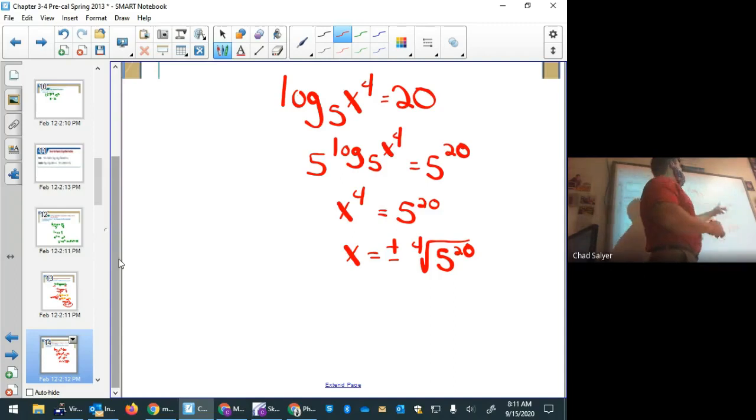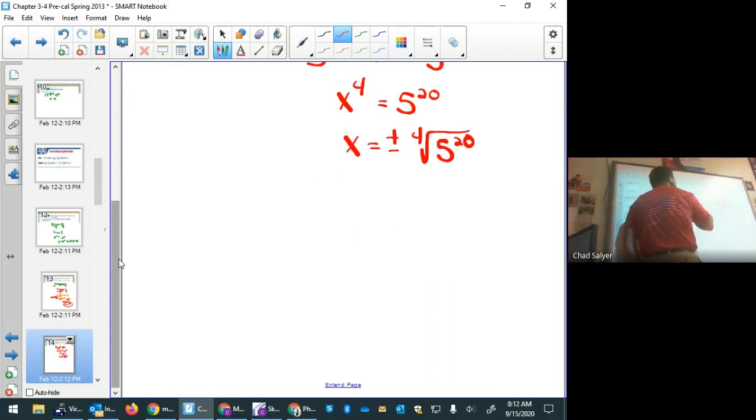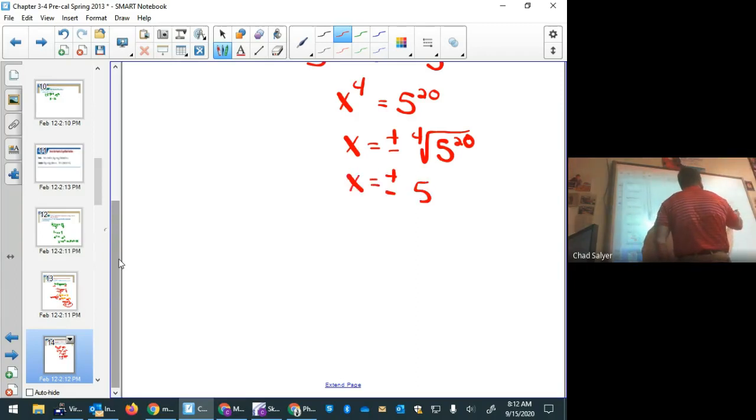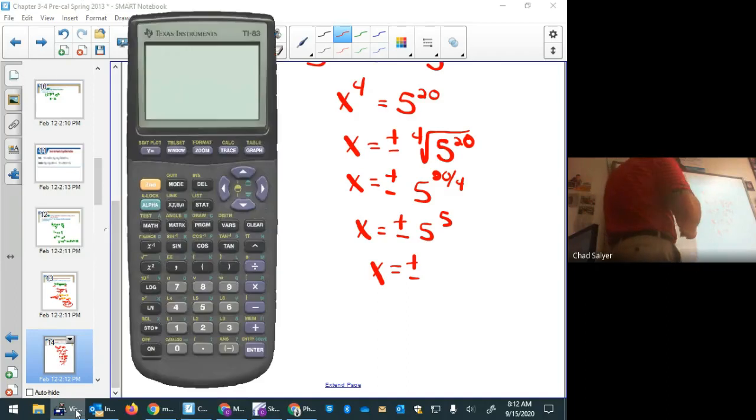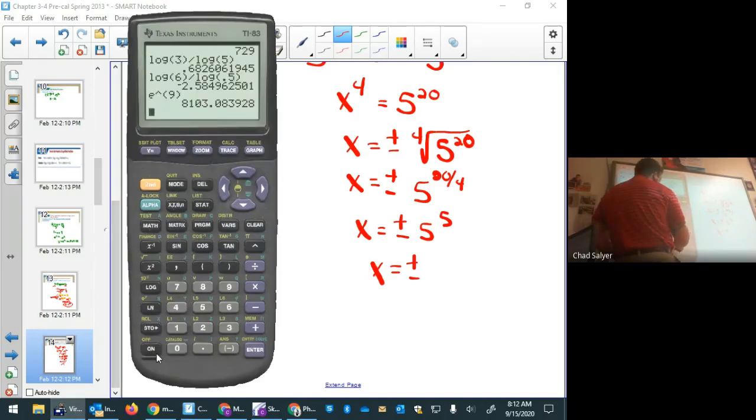So that negative is what we would have lost if we had used the power property first. So x equals plus or minus 5 to the 20 over 4, which is plus or minus 5 to the 5th power. So some more manageable value. 3125.